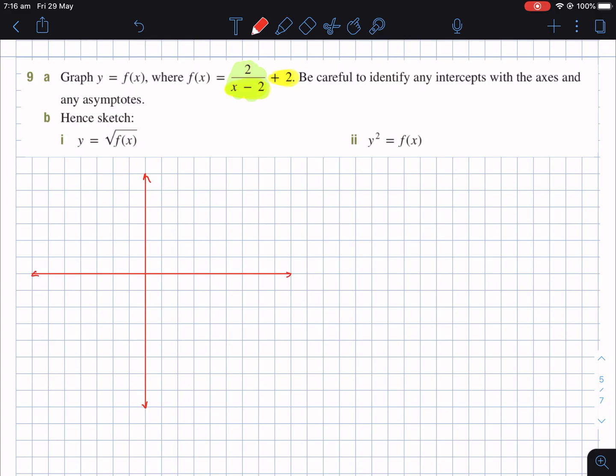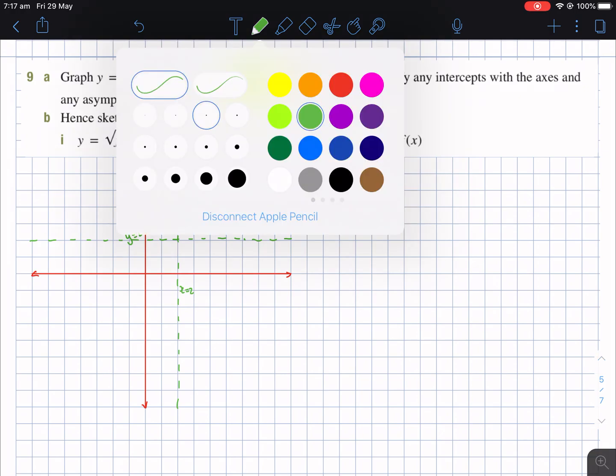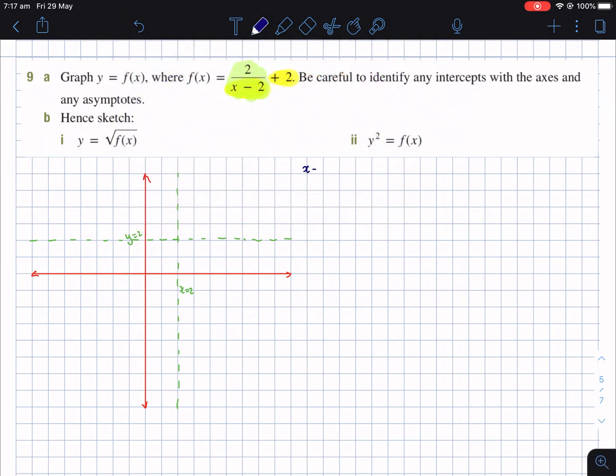But we know we've got asymptotes at x equals positive 2 and y equals positive 2. And we know that if we just start chucking in some numbers, so for example, if I put in 4, f of 4 would be 2 over 4 take 2, plus 2.